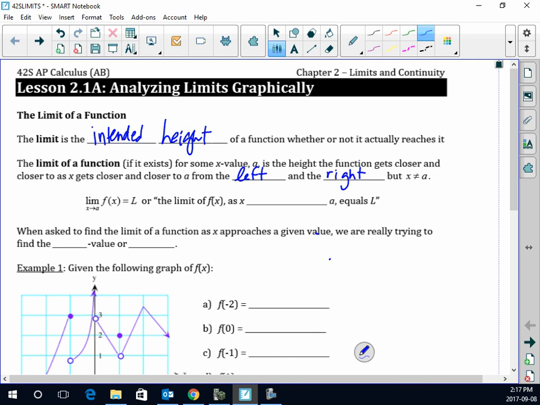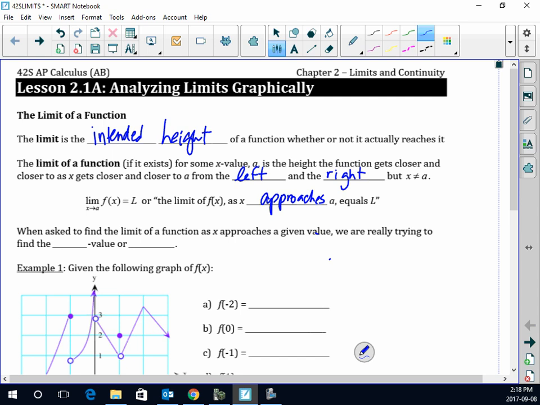The limit as x gets closer and closer to a from both the left and the right of some function is equal to L, or the limit of f of x as x approaches a.